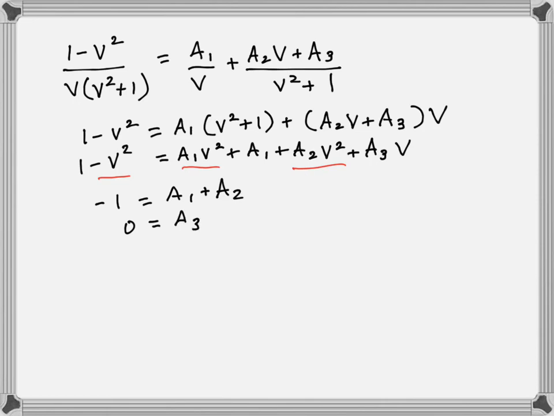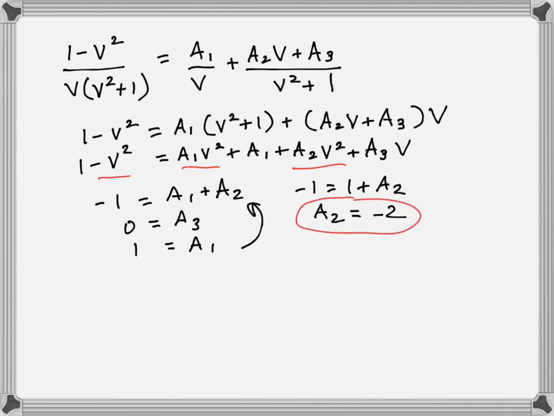And then if we look at the constant term, we get 1 is equal to a1. So if you plug a1 into the top equation, you end up with -1 is equal to 1 plus a2, or a2 is equal to -2. So we've got a1, a2, and a3.